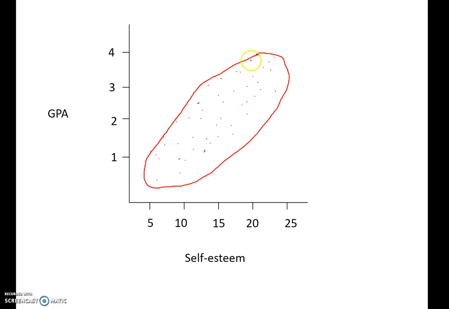We can verify that by looking at scatter plots up here, for example. Those are high values of GPA. All of these plots over here are high values of GPA, and they're all correlated with high values of self-esteem.